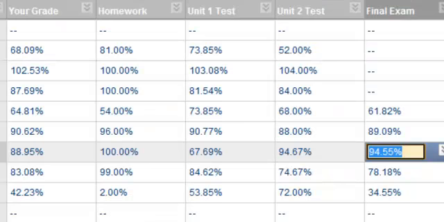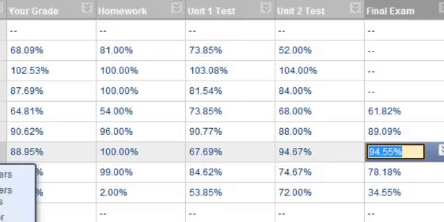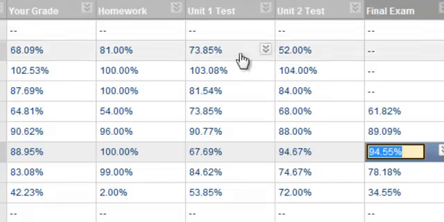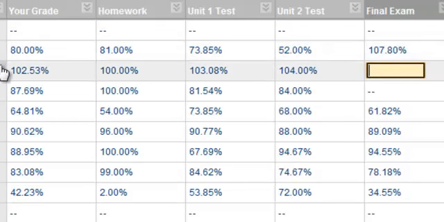So we said that the student needed 107.8. Let's plug 107.8 into the final exam. And we see over here that it gave that student an 80 right on the nose.